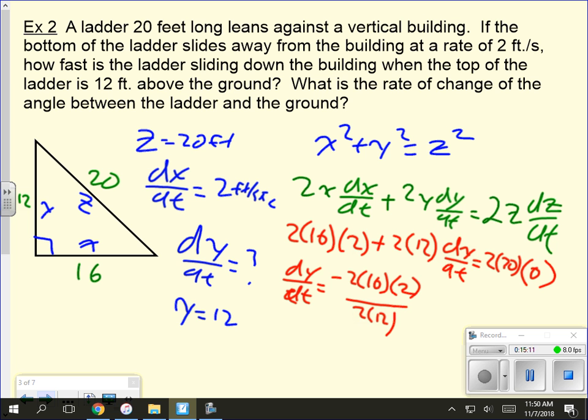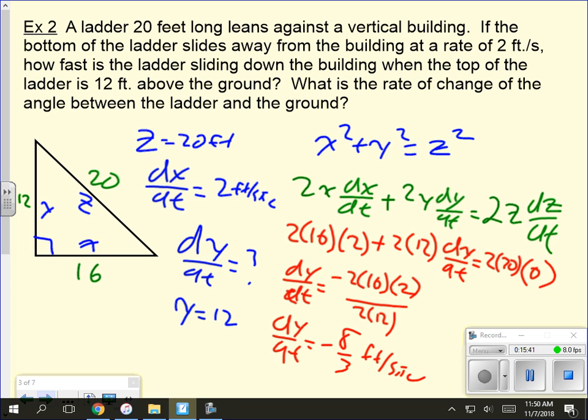Yes. 8/3. dy dt equals negative 8/3 feet per second. Why is it negative? Because it's going down. It should make sense. Going up, it's sliding up, it's positive. It's sliding down, it's negative. Remember your negatives and positives. You have to have that relationship. So this kind of makes sense.